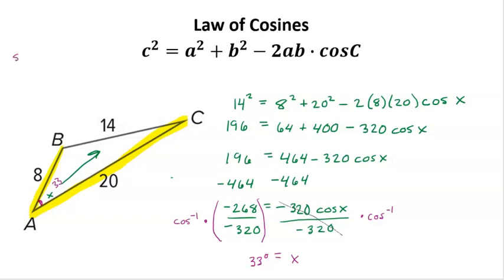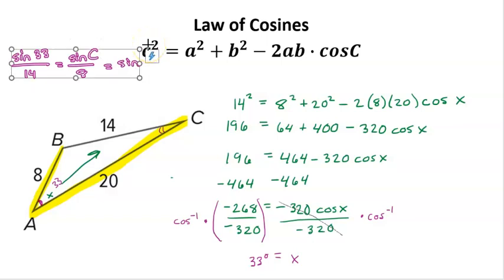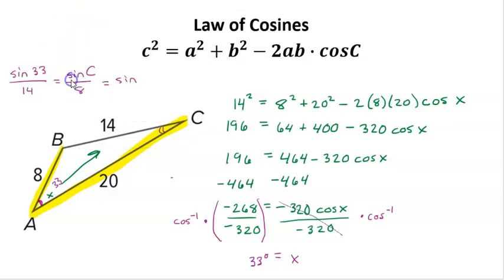From here, I would say the sine of 33 over 14 is equal to the sine of angle C, which is this one right here, over 8, and then I have the sine of B, and I'm just going to move this all down here, over 20.